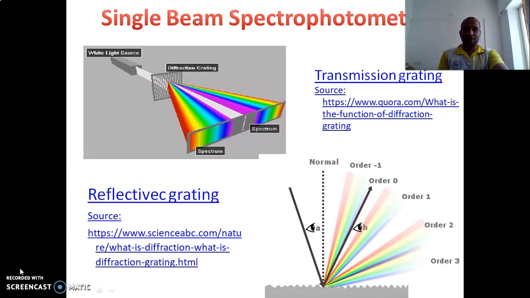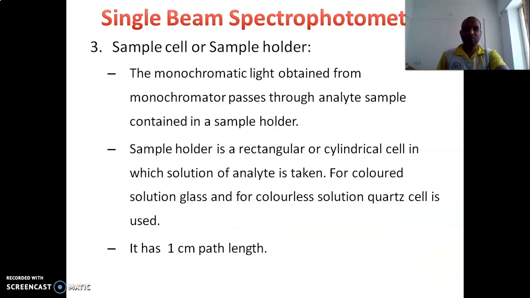This is the transmission grating, and this is the reflective grating. In case of the transmission grating, the light passes through it and you get the dispersion of the light, while in case of the reflective grating, the light gets reflected, gives constructive and destructive interference, and we get the separation of light from the polychromatic source of light.